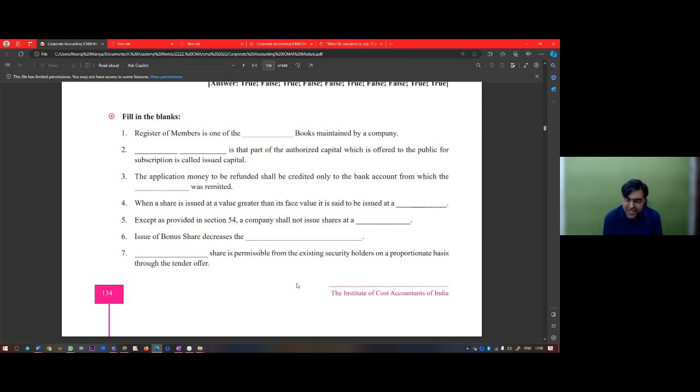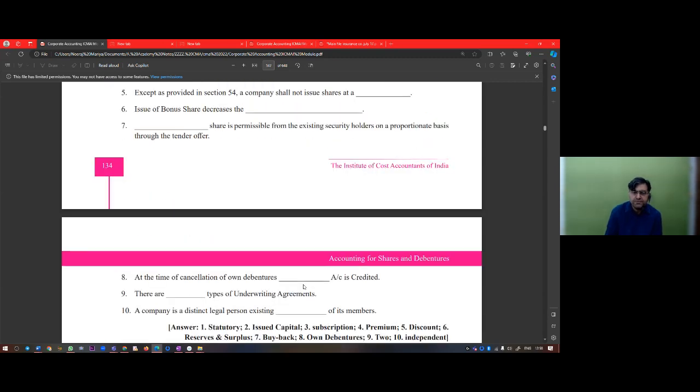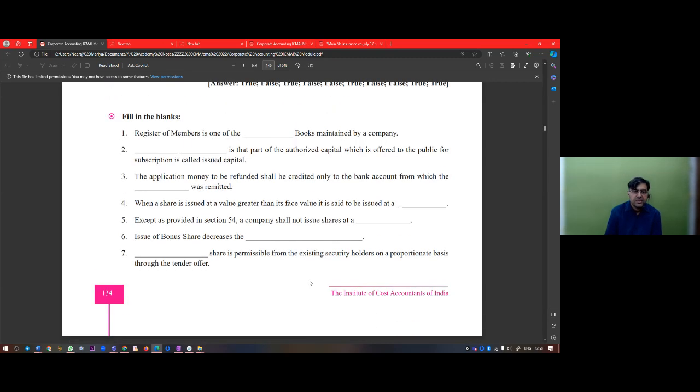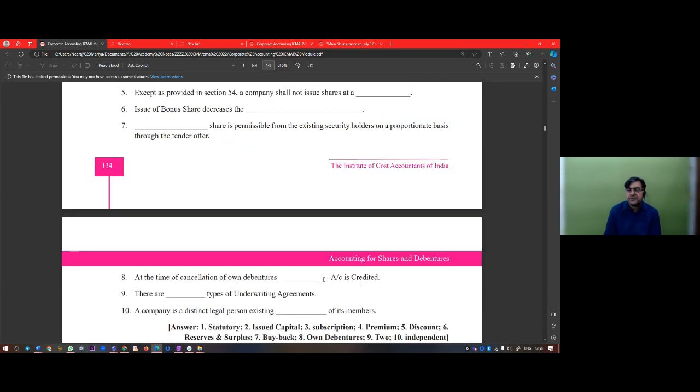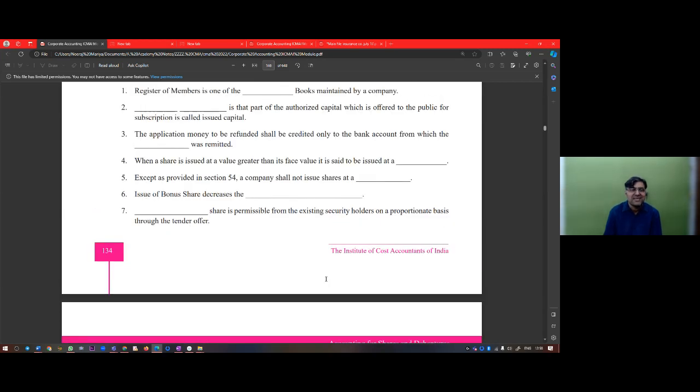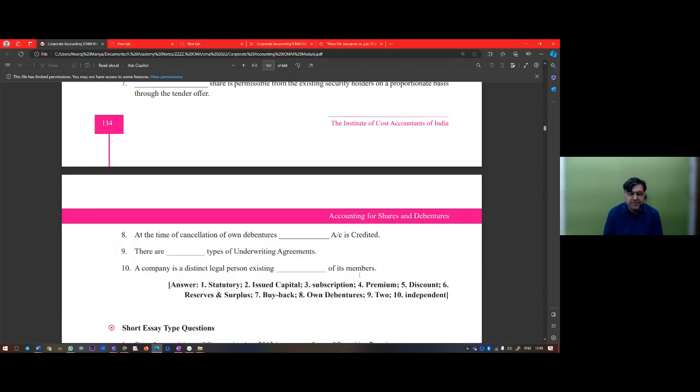When a share is issued at a value greater than the face value, it is issued at a premium. Except under Section 54, a company cannot issue shares at a discount. Issue of bonus shares decreases the earning per share, decreases the net worth of the share, decreases the reserves. There can be more than one answer.